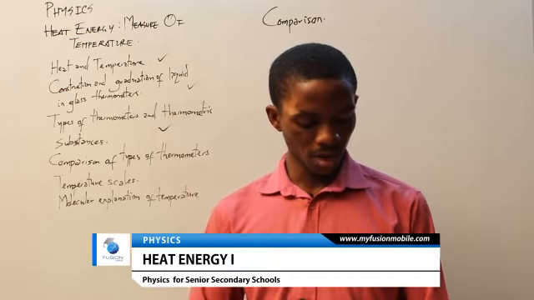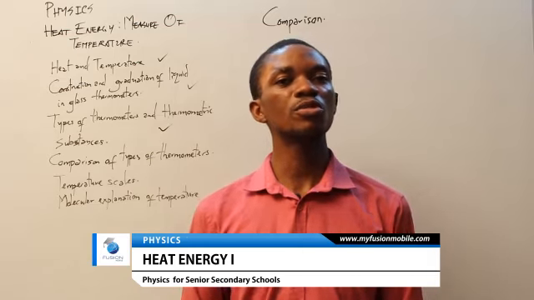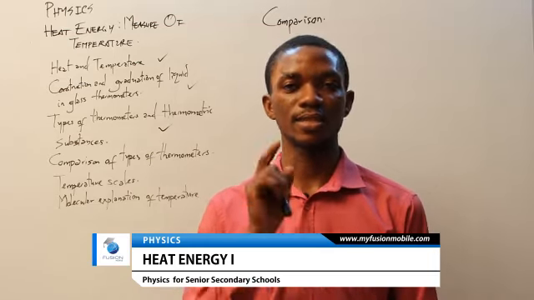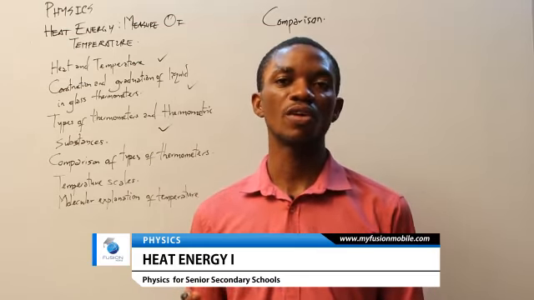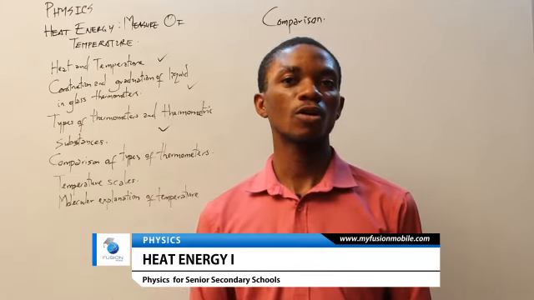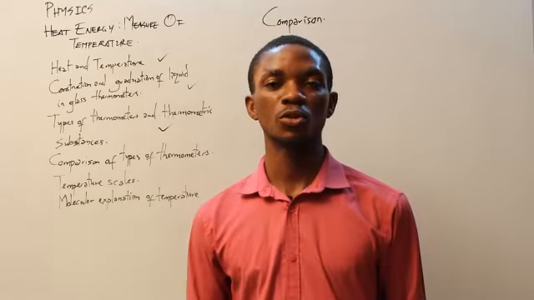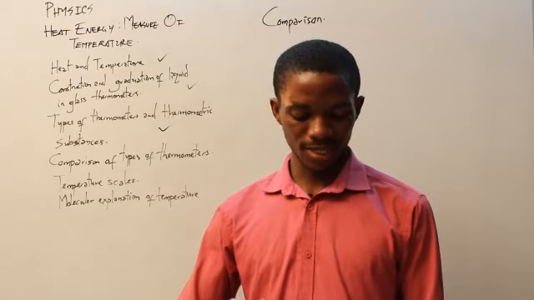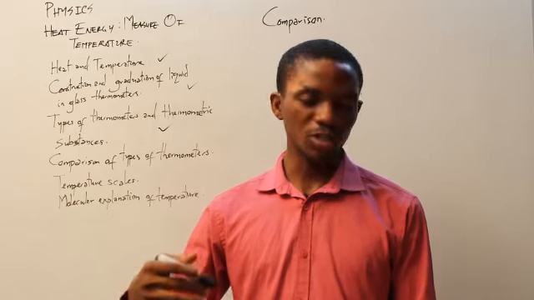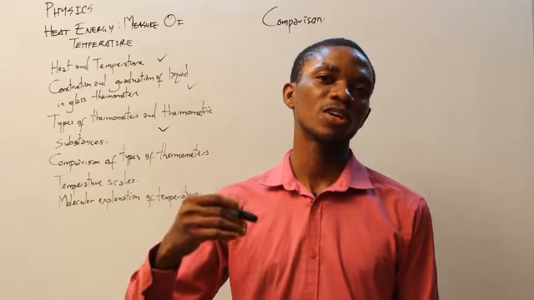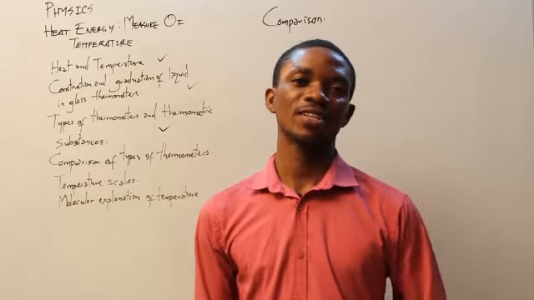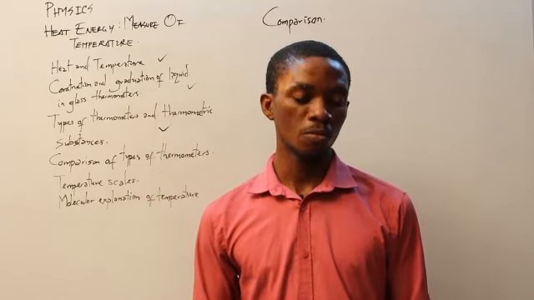Also, when it comes to vaporization, mercury is not easily vaporized. That is one advantage of mercury over alcohol. Alcohol, even if you leave it open, begins to vaporize on its own. So that means the alcohol would not be able to measure very, very high temperatures effectively compared to mercury.